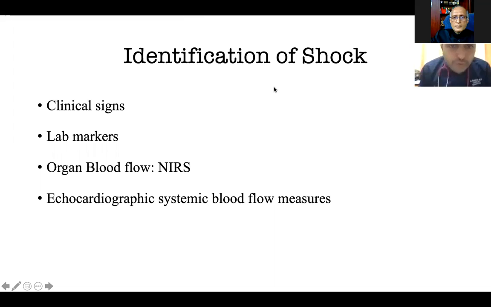Karthika, what is the full form of NIRS? You can unmute yourself and just tell. Afra, what is the full form of NIRS? Afra, maybe Afra can attempt.